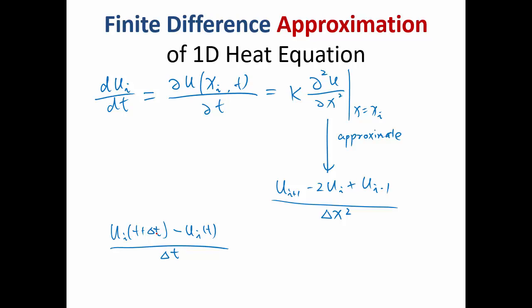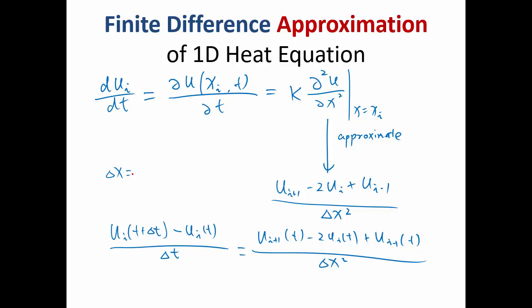I take the difference between ui at a little bit further in time minus ui at the current time, divided by delta t, which is equal to ui plus 1 at t minus 2 ui at t plus ui minus 1 at t, divided by delta x squared. And delta x is the difference between two grid points. It's the spacing between xi and xi plus 1 and also between xi minus 1 and xi.